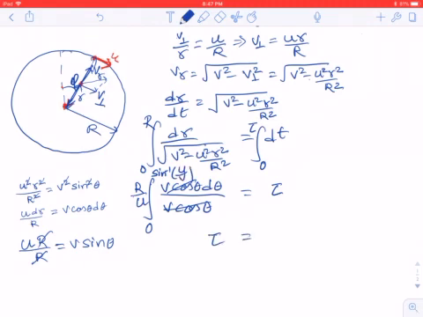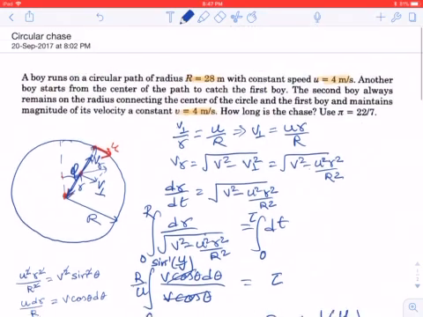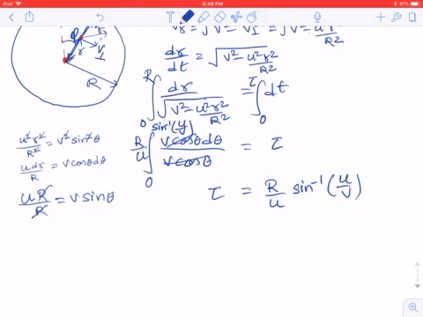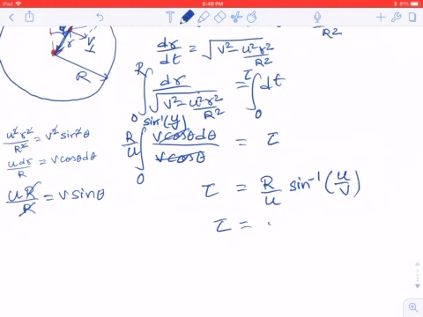Okay, so the answer that we get is tau is equal to R by u sine inverse u by v. Putting the values given in the question above, you see u and v are both the same, so we can write tau is equal to R, which is 28, so 28 by u, which is 4, into sine inverse u by v, which would be pi by 2.